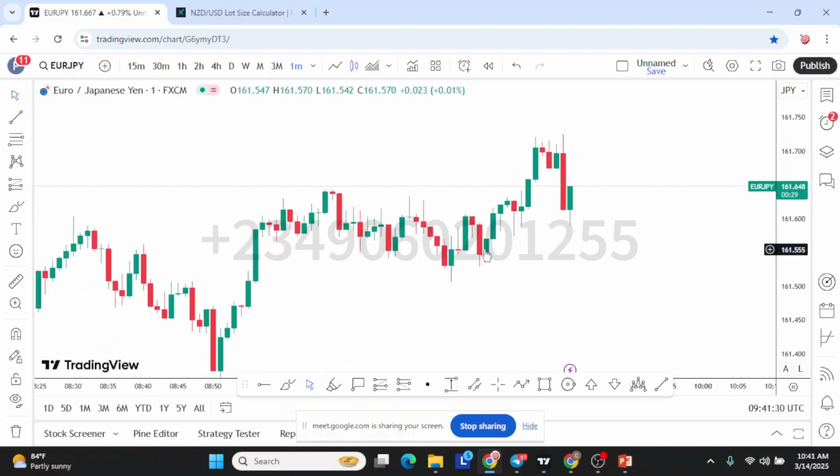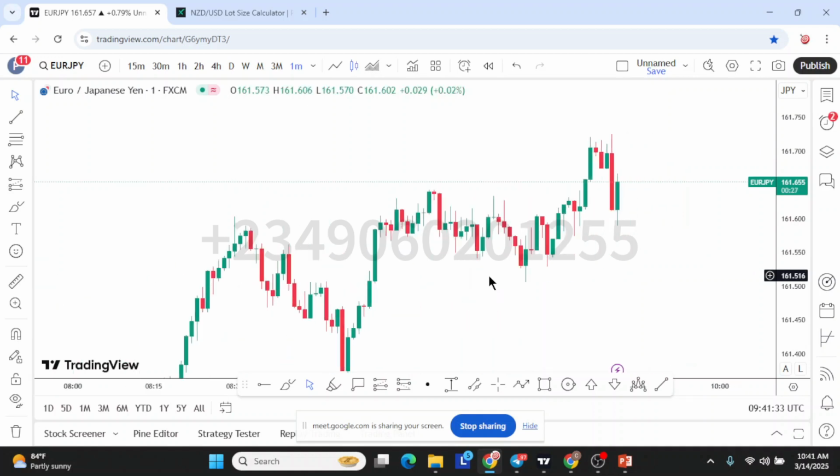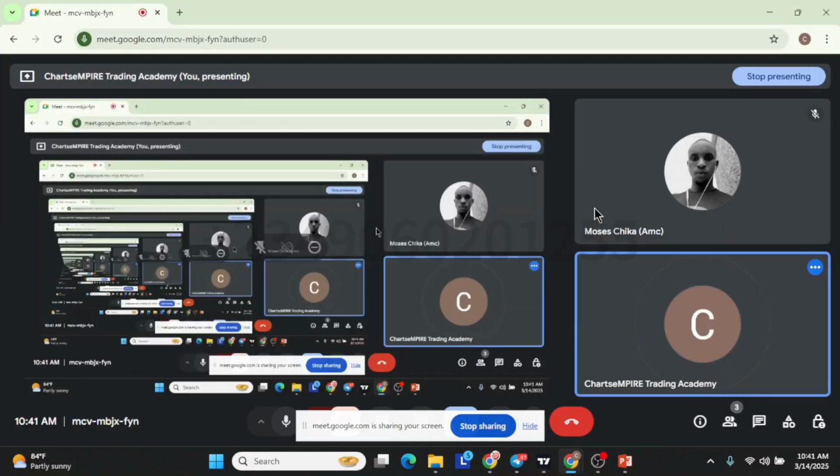We are going to be talking about different candlesticks and their meaning. There are actually a majority of candlesticks, but some are very effective and more important than the others, which is what we are going to be looking at.